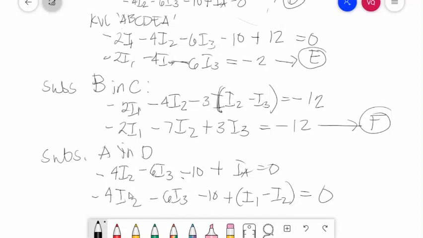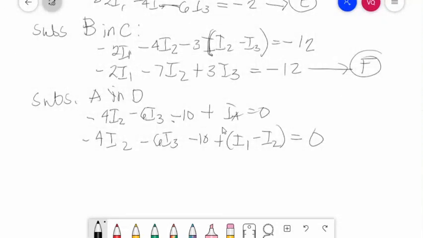So simplifying this equation, it will become I1 minus 5I2 minus 6I3 is equal to 10. So this is my equation G. Now, kompleto na ako. Etong E, F, and G.